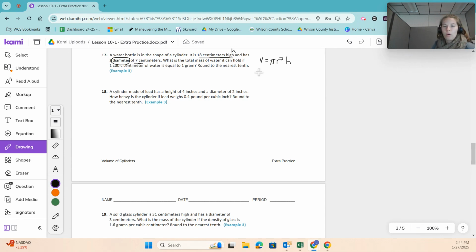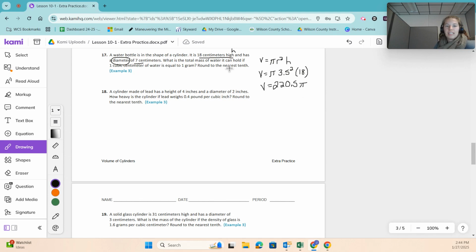Okay, so my volume is pi times my radius is half of the diameter, so I have 3.5 squared times that height is 18. Okay, 3.5 squared is 12.25 times 18 is going to give me 220.5 pi volume.